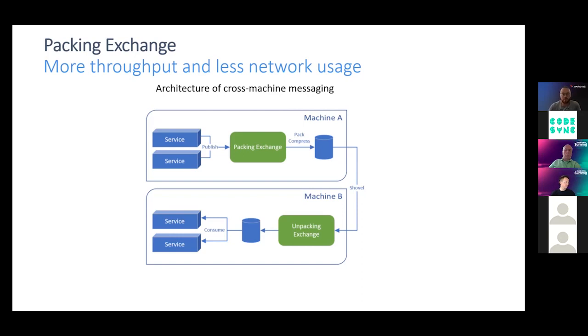The messages are compressed and sent over the network compressed. This is how we decrease the load on the network and increase the throughput. Once they reach machine B, they go to the unpacking exchange, which unpacks and decompresses the messages and routes them to the destination queue.